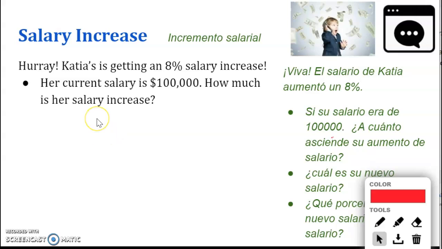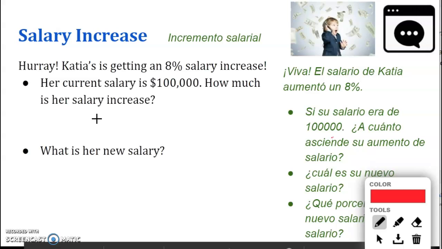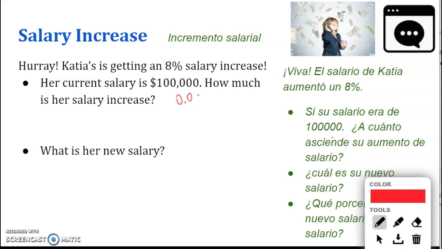So to figure out the increase, we can figure out what is 8% of 100,000. So we are multiplying 8%. 8% is 0.08. That's 8%. Multiplied by 100,000. So we're multiplying these two numbers.